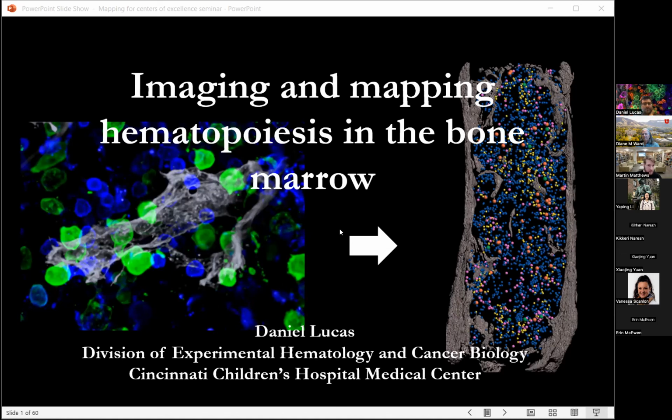What I'm going to focus on in this seminar is describing how we are using conventional confocal microscopy to interrogate the bone marrow and to map production of blood cells in the marrow.